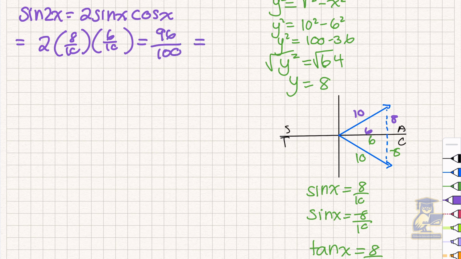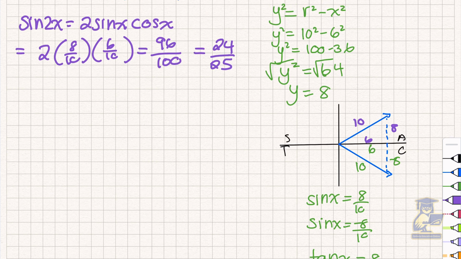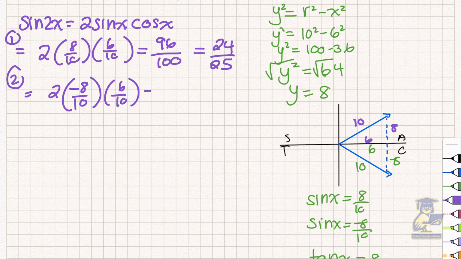If we reduce, we get 24 over 25. So that's the first answer. The second answer, we would use negative 8 over 10 because we know there's two possible answers, quad 1 and quad 4. So we get negative 24 over 25. So we have our two possible answers for sine.